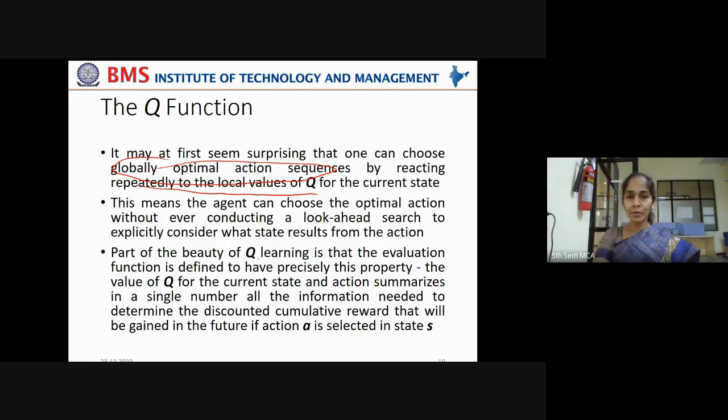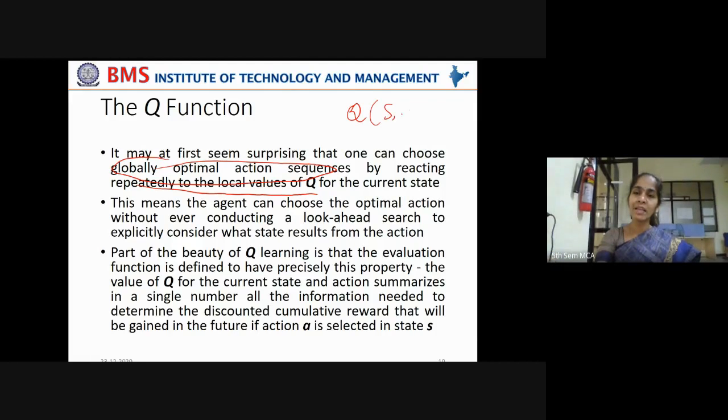The beauty of Q learning is that the evaluation function is defined to have precisely this particular property. The value of Q for the current state and action summarizes in a single number all the information needed to determine the discounted cumulative reward that will be gained in the future if action A is selected in state S. So what does this Q represent?